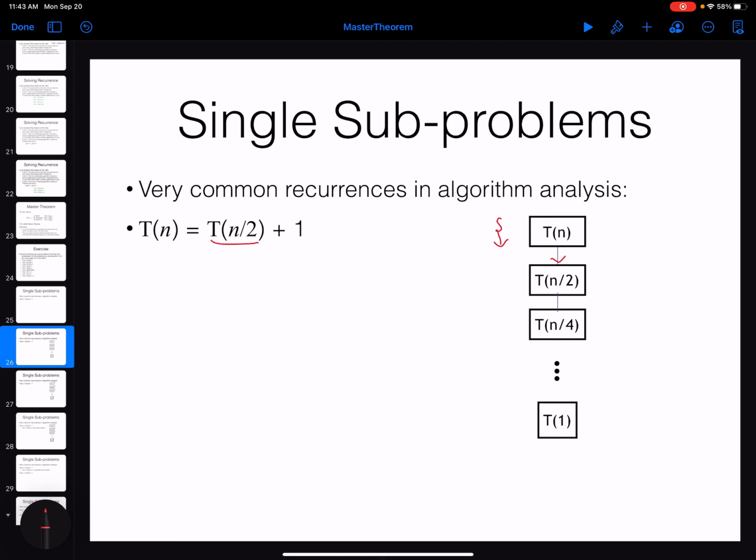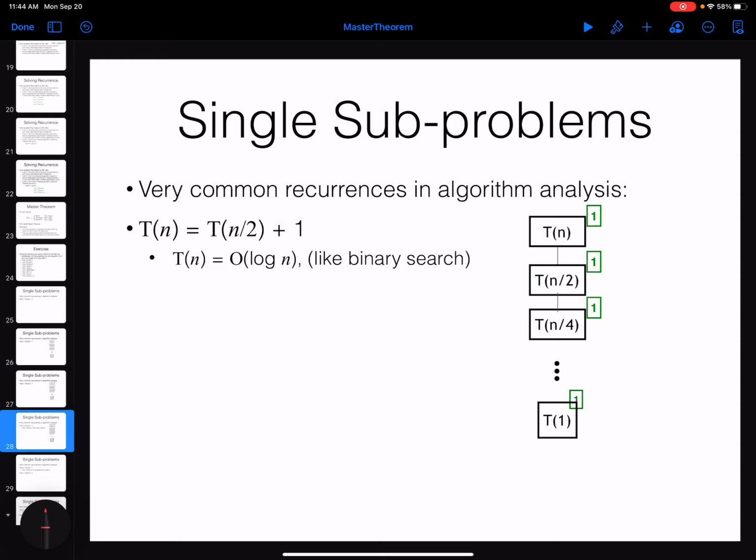So you can get the cost for each of these boxes: the cost of each box is 1, and the question is how many boxes you are going to have. This is going to go down until log of n times, right? So it is very clear that the cost is going to be log of n. If you think about the recurrence relation here, it is very similar to binary search, right? In binary search, each time you solve half of the problem, and the additional cost is constant.